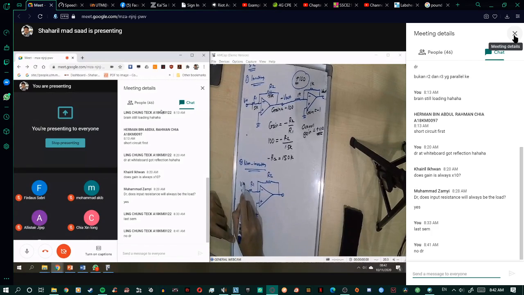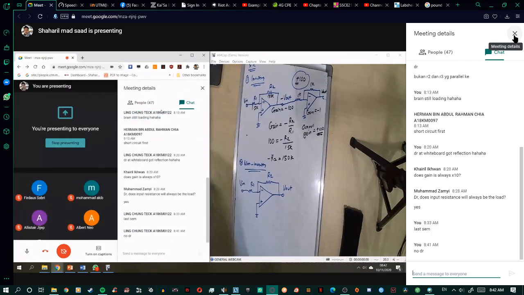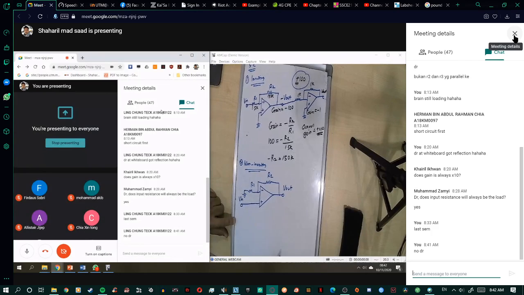This one will be V in, and this one will be V out. For the non-inverting, you just switch the positions between ground and V in. So this one is your V in. And the input impedance for this non-inverting is here, 1.5k.